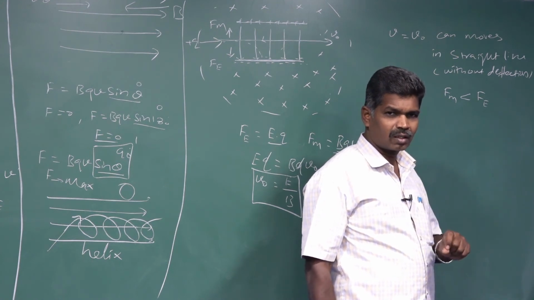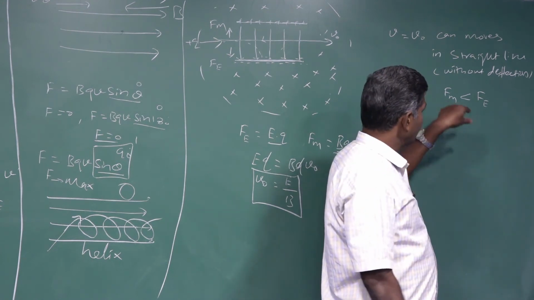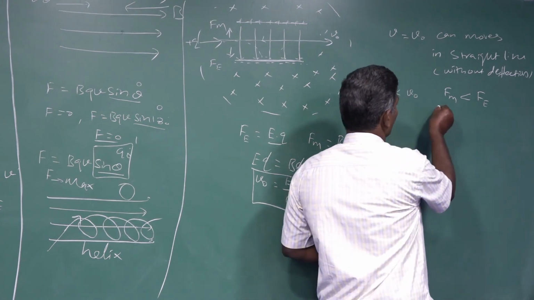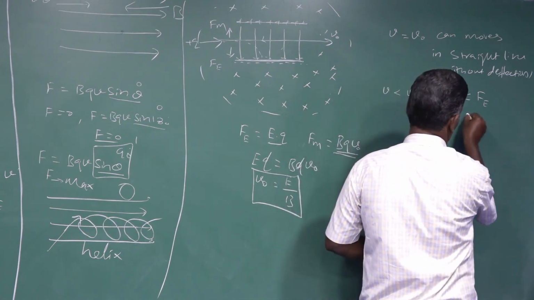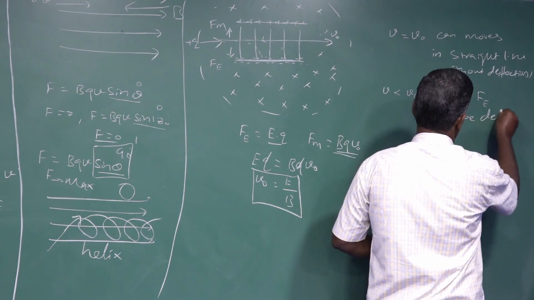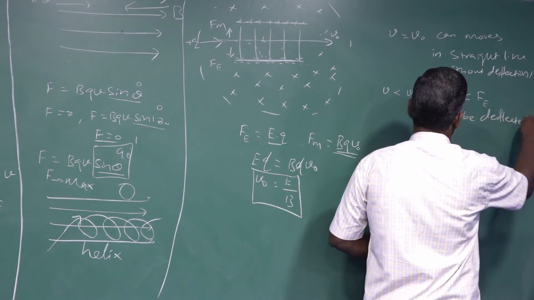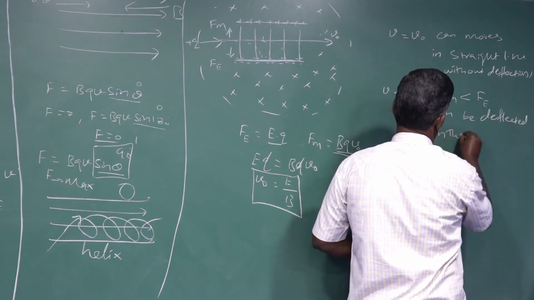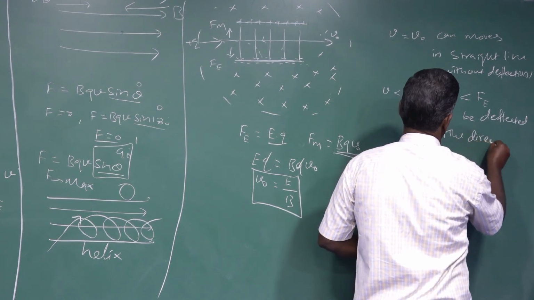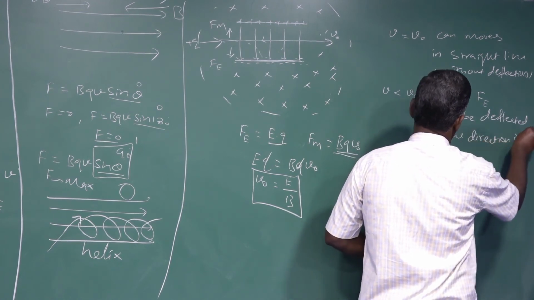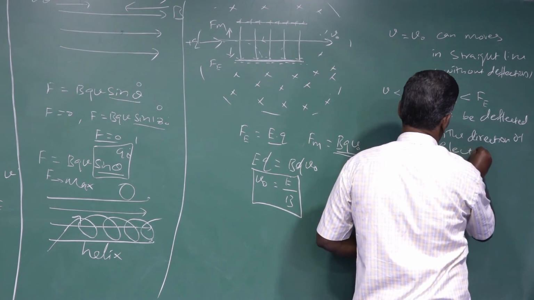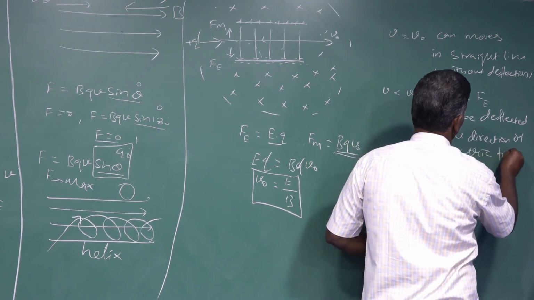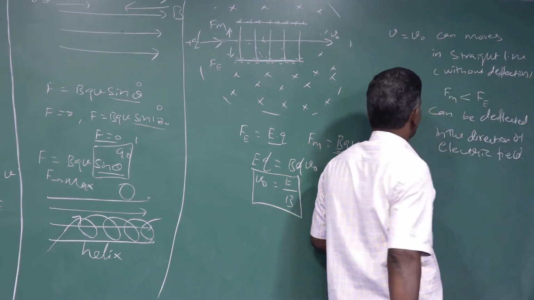So our charged particle is deflected in the direction of the electric field, because it is a positive charged particle.